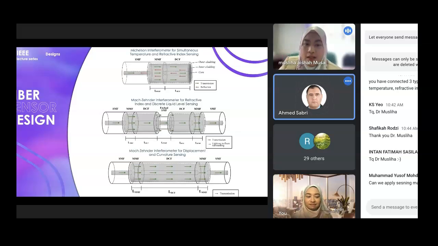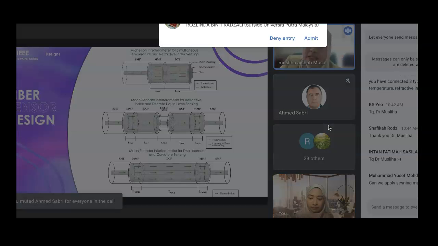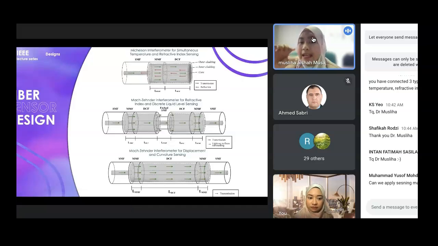Okay, I use a single mode fiber, multi mode fiber, and double clad fiber, right? So the MMF functions to spread the light, so that the light can travel through the inner cladding and outer cladding of my DCF, so that it can possibly sense the temperature, and also discrete water level.